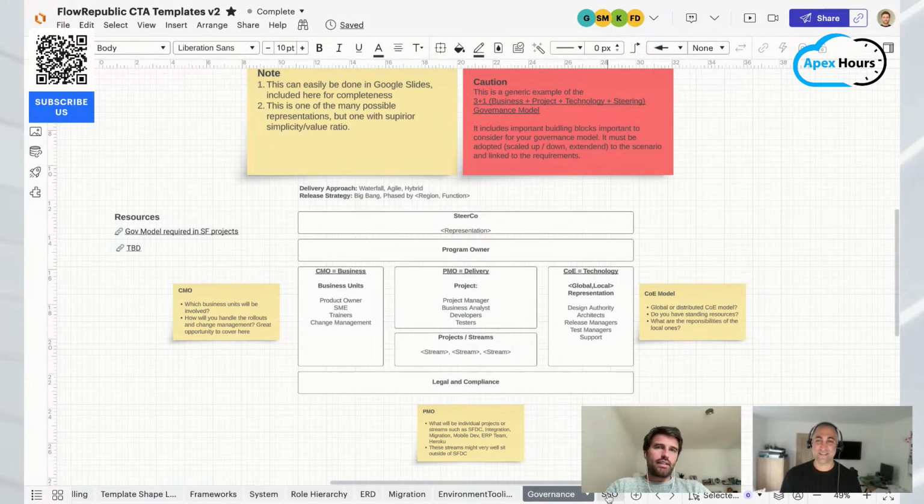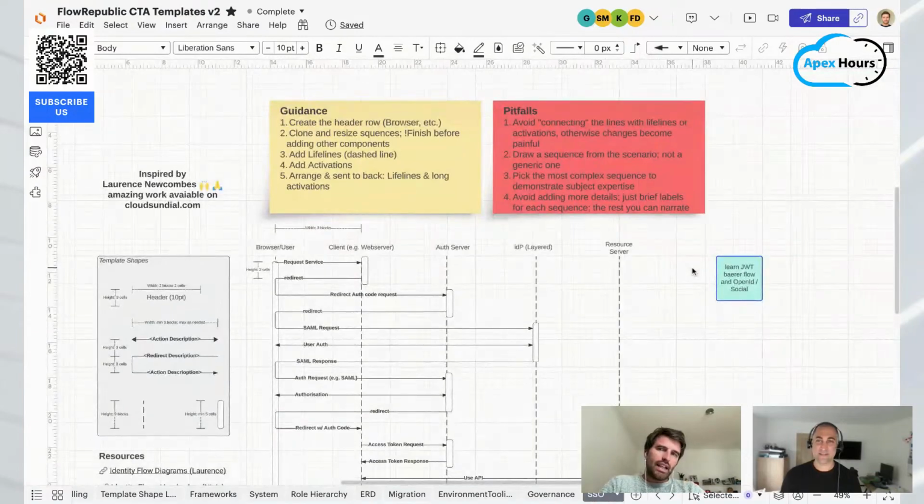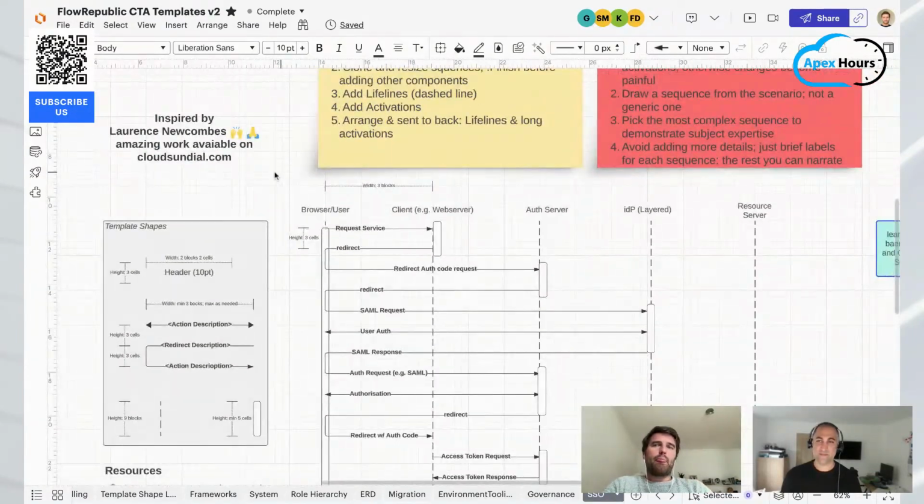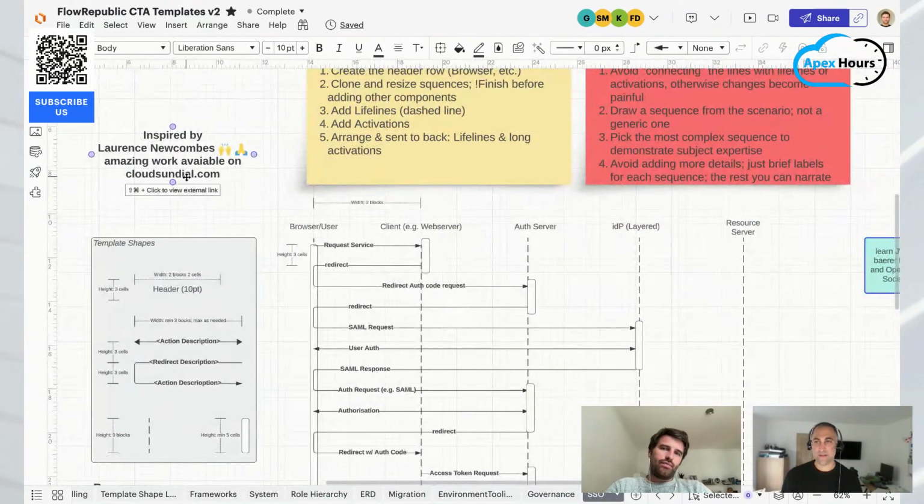Now, last but not least, single sign-on. Again, everybody's favorite topic. So first of all, if you want to learn single sign-on flows, Lawrence has created an incredible resource, cloudsundial.com, where you can find in-depth representations, explanations, and diagrams for the single sign-on flows.